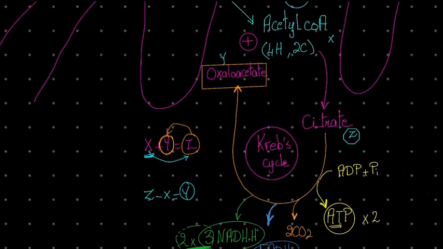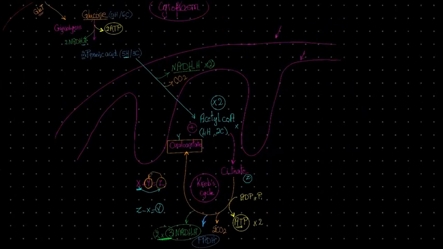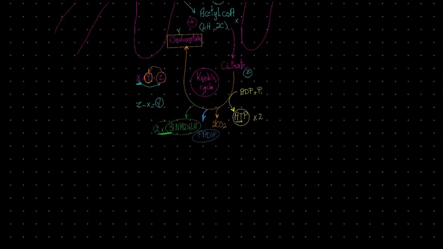So how many NADHs did I produce from each of the glucose so far? So from the glycolysis, you have released 2. From the glycolysis, you've got 2 NADH.